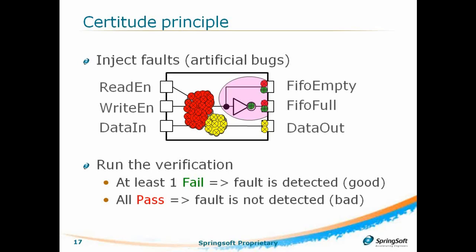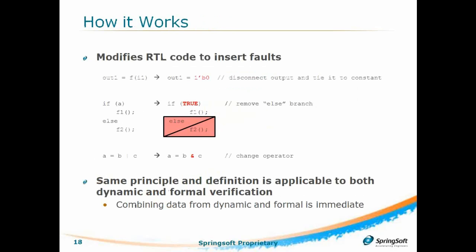Certitude will also tell you, by querying the formal tools, which faults cannot have any influence or cannot result in any failure because there is no property connected to those outputs. Slightly more in detail, we take the RTL code and we modify it.